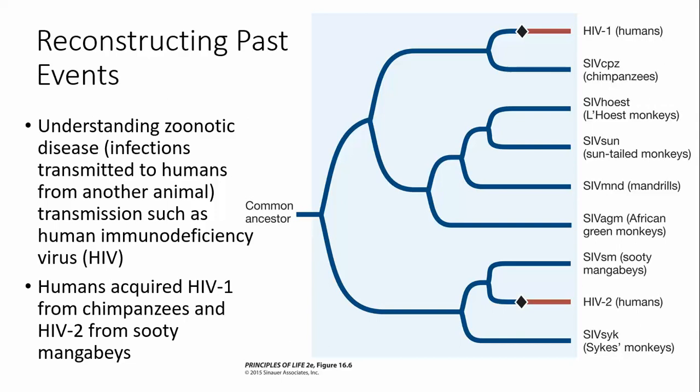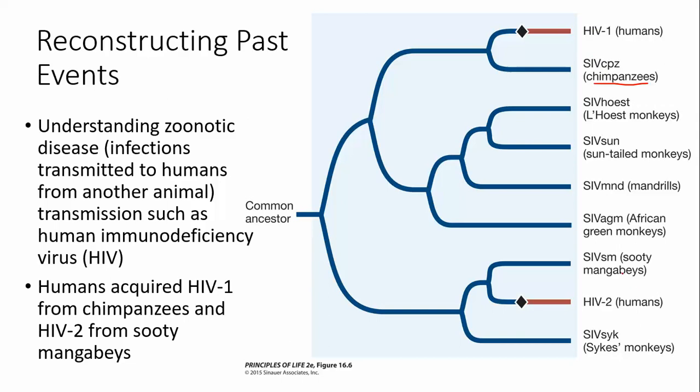So on this chart, what we're looking at is the ancestry of two major strains of HIV, HIV-1 and HIV-2, both of which infect humans. However, when you look at their genetic similarities, what scientists found is that there is a simian immunodeficiency virus, the monkey and primate equivalent, found in chimpanzees, which is very closely related to HIV-1.